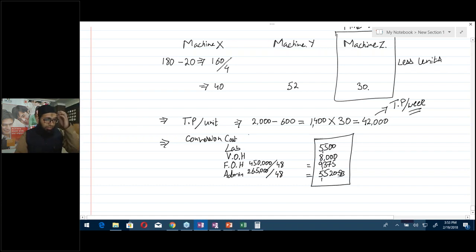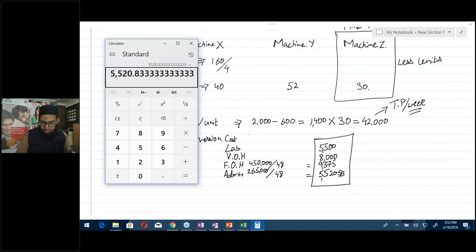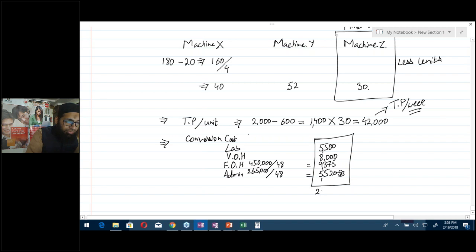If I total it, it will be 5520.83 plus 9375 plus 8000 plus 5500. So it will be 28395.83. This will be the conversion cost per week.